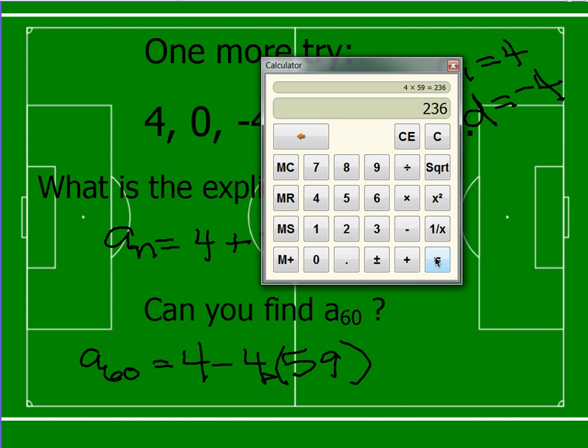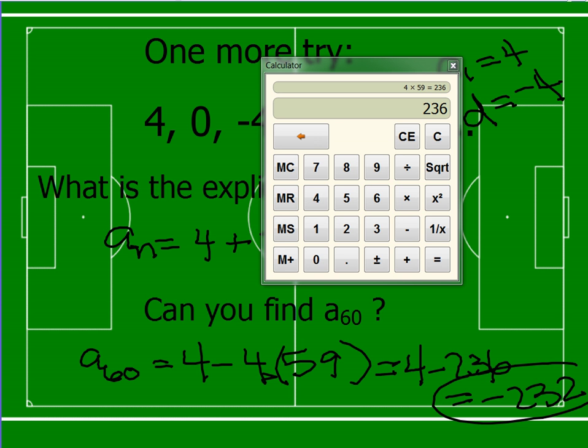I could do negative 4 times 59, not a big deal. There's lots of ways to plug this in. You just have to keep track of what you're doing. I'm going to have 4 minus 236, which is going to be negative 232. And that would be the 60th term in that particular sequence.